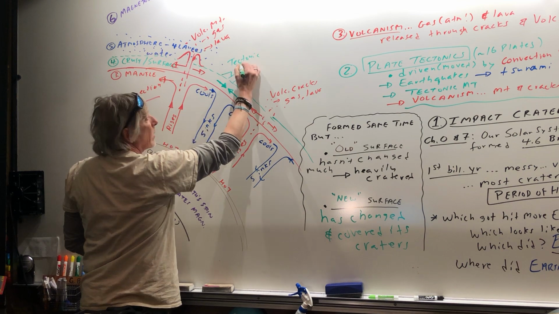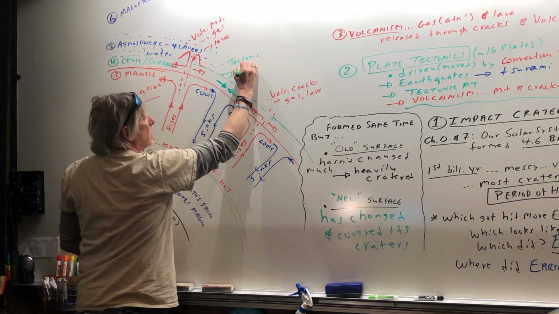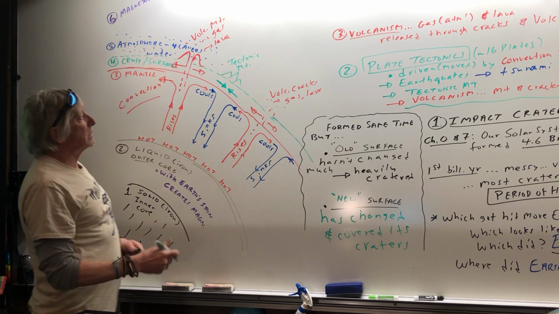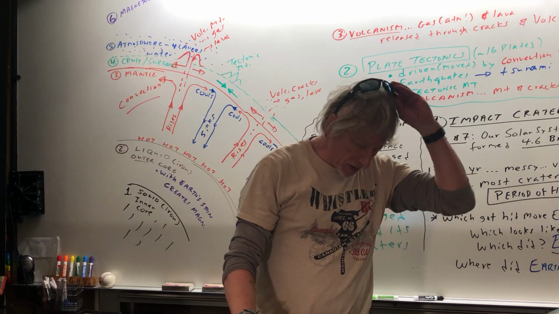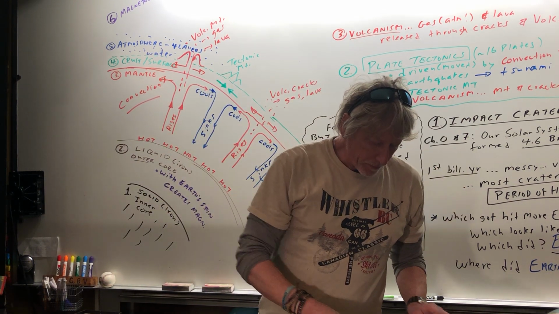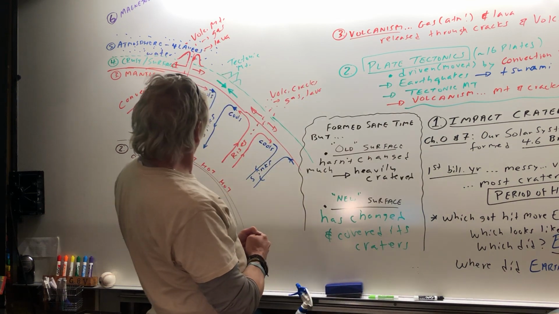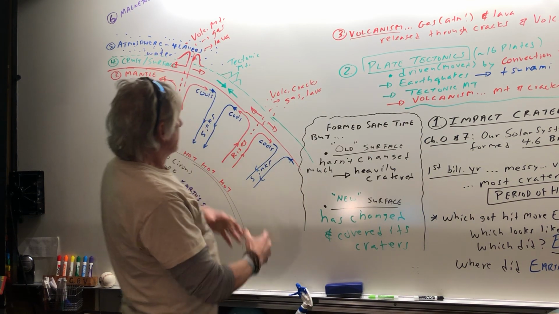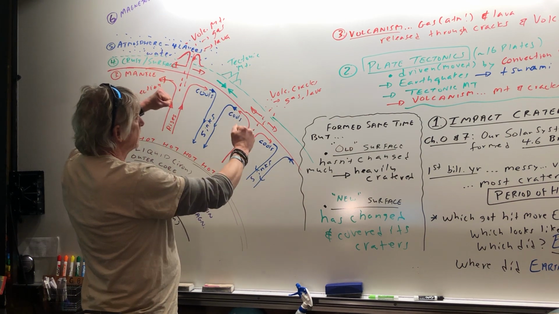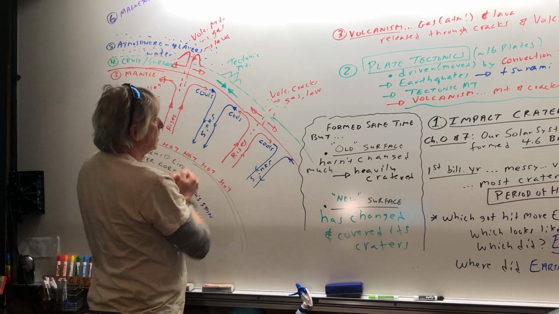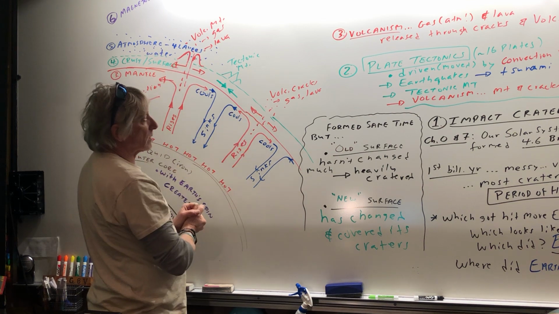Tectonic, no H in there, tectonic mountains. T-E-C, tonic mountains. And so that will certainly change your surface. Plate tectonics, the movement of the plate, giving mountains, and this volcanism.